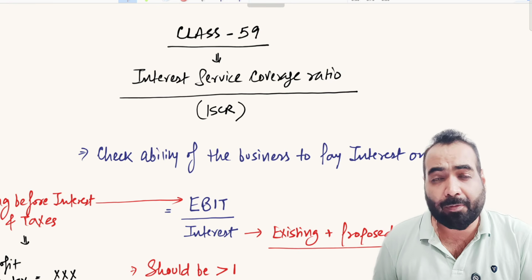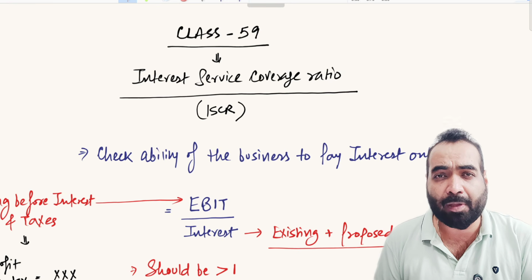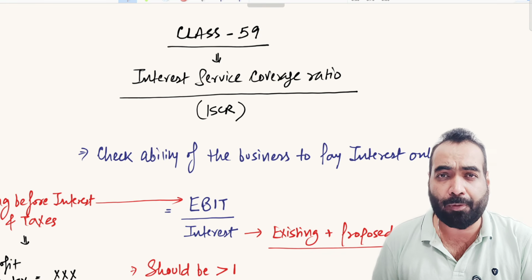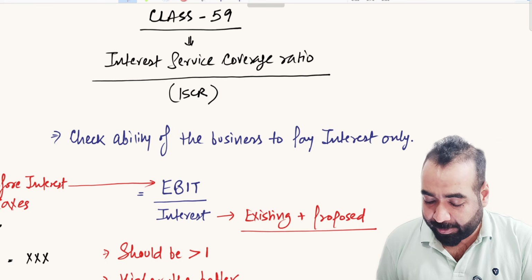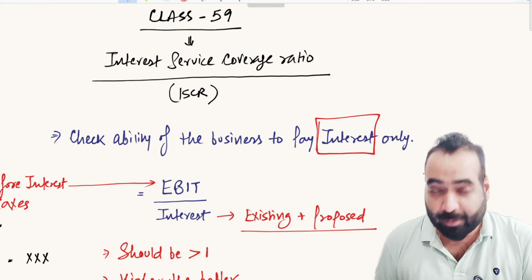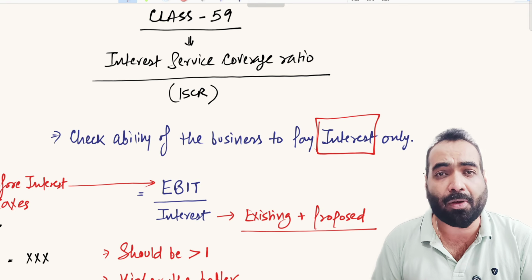If you remember, in DSCR, we want to check the ability of the business to pay off the interest and principal amount of the loan. But in this ratio, we only want to see whether the business is generating sufficient income to pay off only its interest obligations or not.